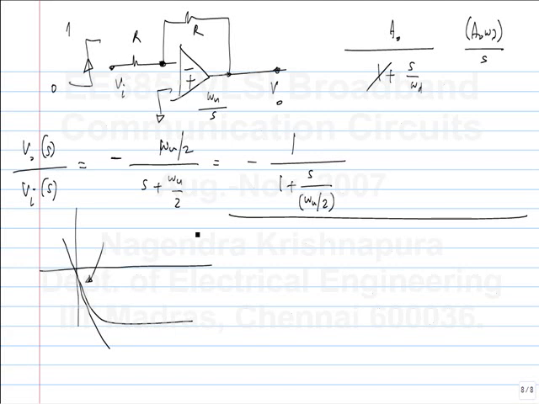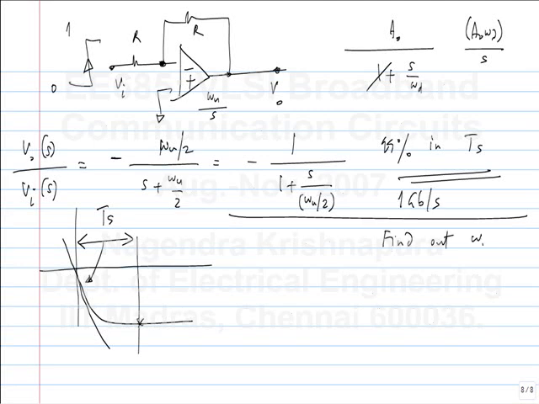So I'll approximate it. I'll say that if this is my symbol period, it has to settle to 99% in one symbol period. And the input data is at 1 gigabit per second. Find out omega u. And not for this circuit, but for the equalizer.